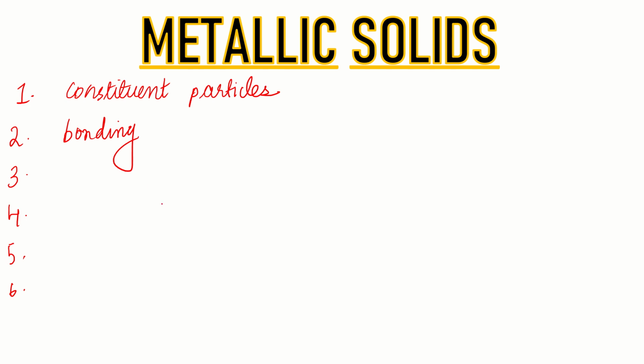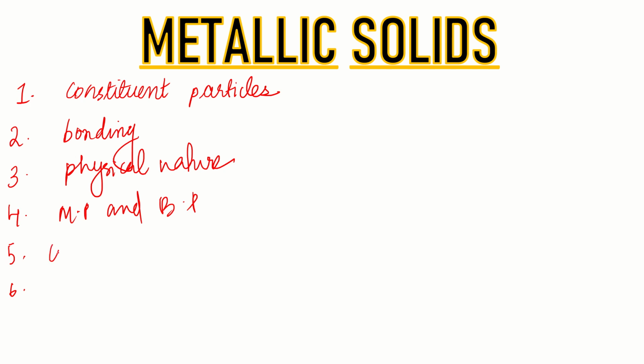Then we study about their physical nature, then melting point and boiling point, about their conductivity, and finally some examples. This is what we do always, right? If you study by answering each of these questions, this will be very easy for you. Okay, so let us answer each of the questions.